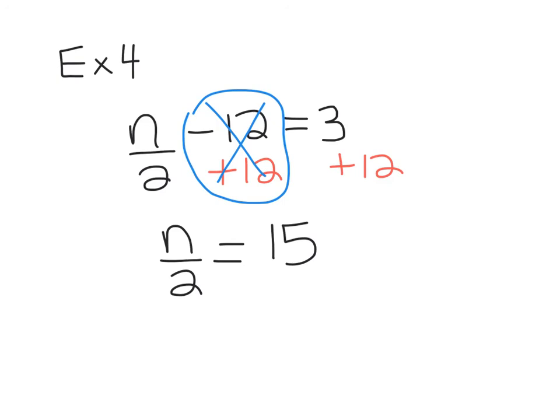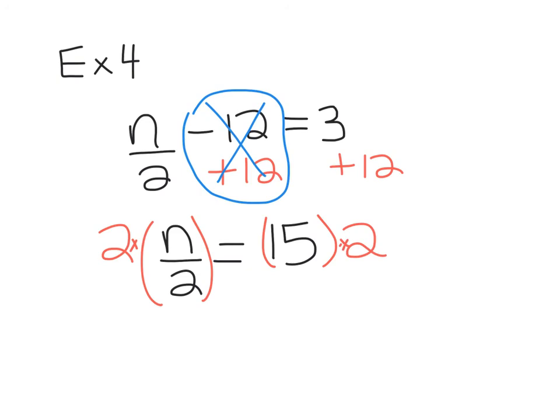We have to make sure that we know what this operation right here means. This means divide. So the opposite of divide is multiply. We're going to multiply, and how I show that is I put a bracket around these and I put a 2 there to show that I'm multiplying by 2. You can put a little multiply sign if it makes you feel better, but you don't have to have that.